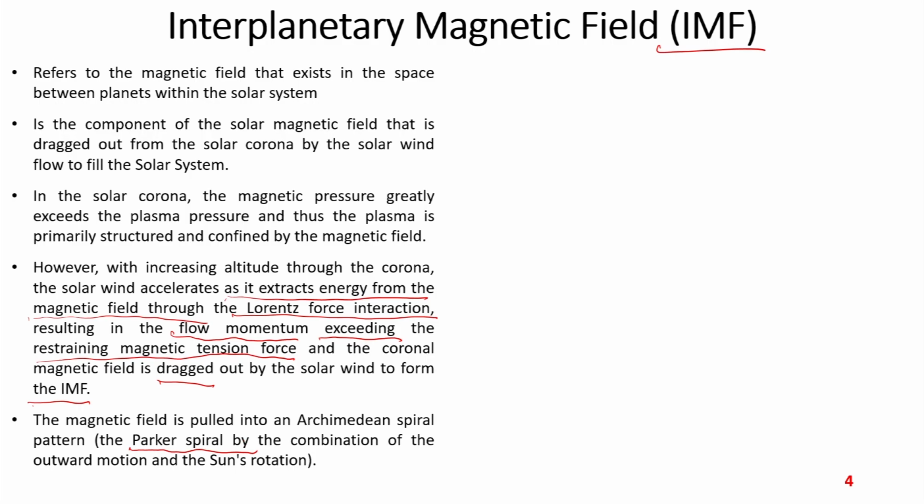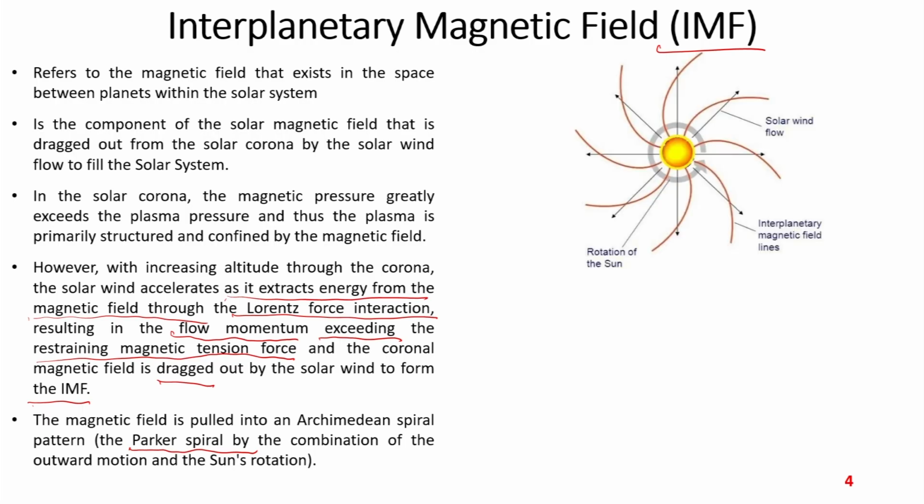Why Parker? Because he is the scientist who put forward the theory of the existence of the solar wind and this interplanetary magnetic field, the concept of the spiral type of magnetic field, the Archimedean spiral pattern. So, we will see how it is.